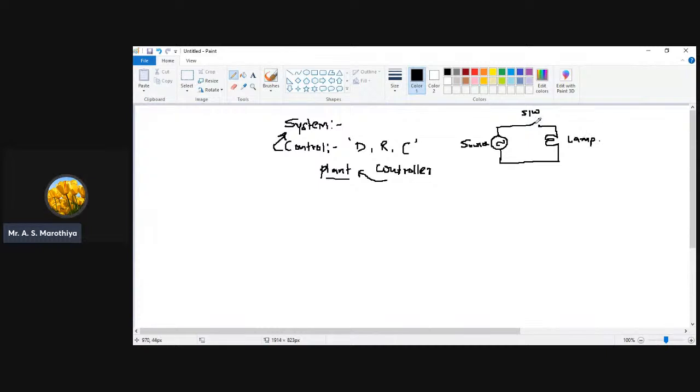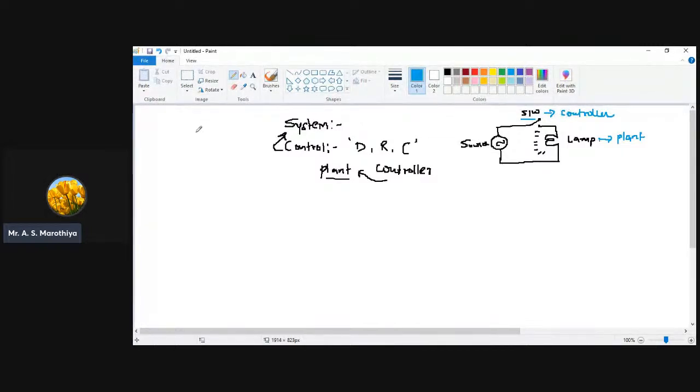By changing the position of the switch, we can control the state of the lamp. We can turn the lamp on or off. So in this circuit, the switch is the controller and the lamp is the plant. Why? Because the plant is the portion of a system whose function is to be controlled, and here the function of the lamp or bulb we control through the switch, which is the controller.